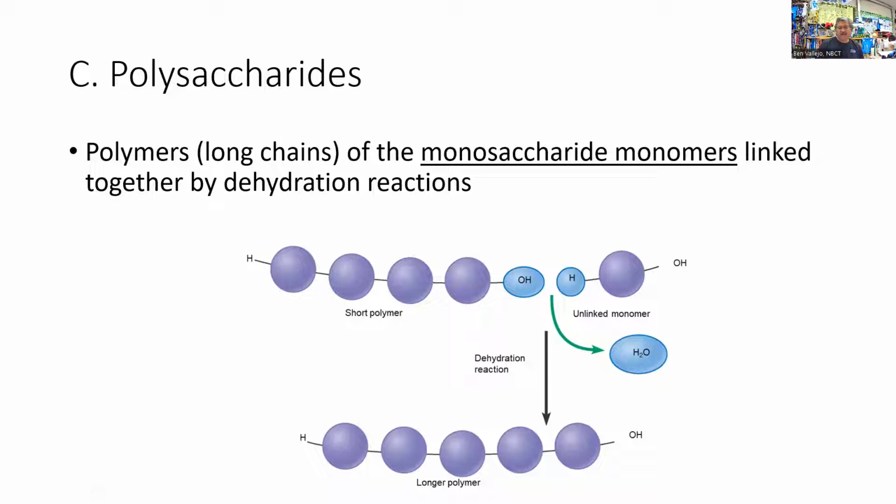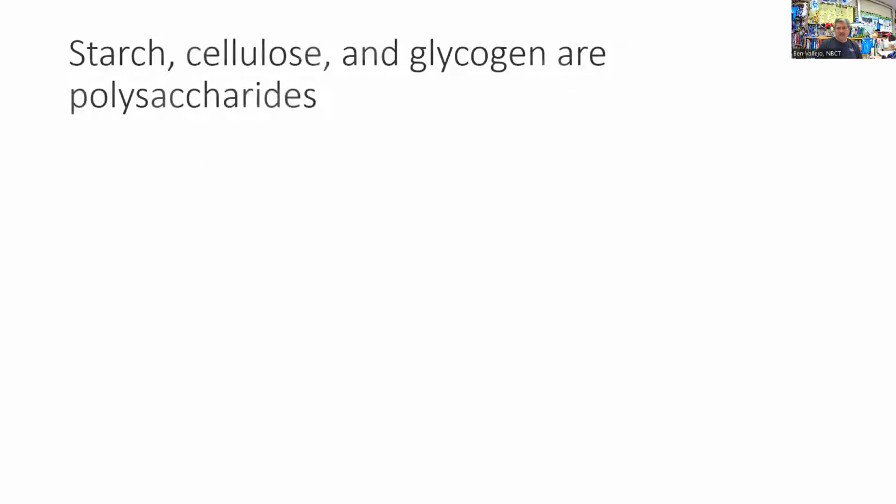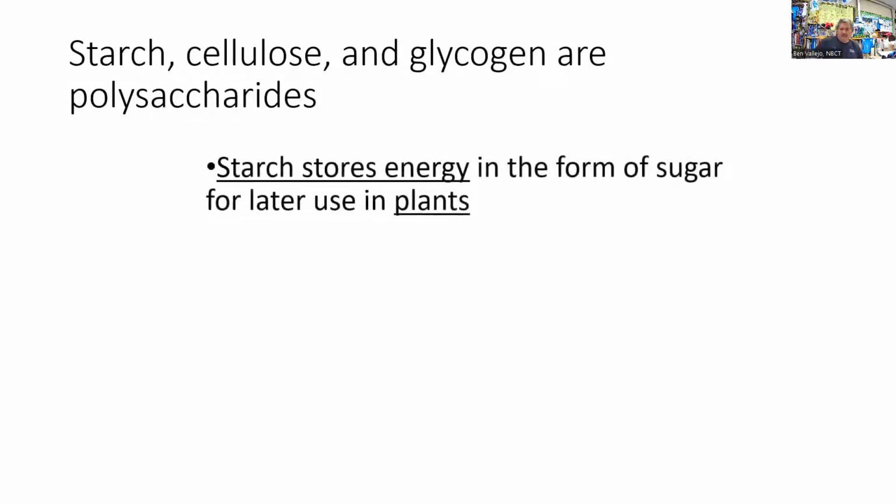So we'll test in this lab for monosaccharides and polysaccharides. But note that the polysaccharides are made up of a long chain of monosaccharides. Starch stores energy in the form of sugar for later use in plants. Lots of different foods we like as people are starchy.